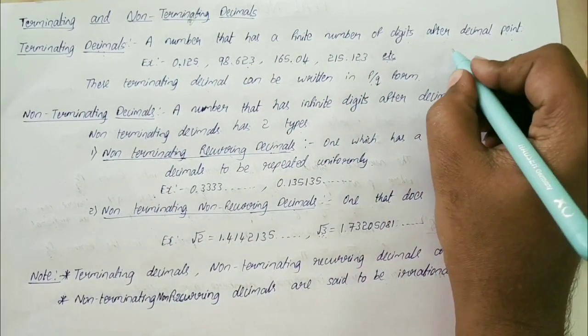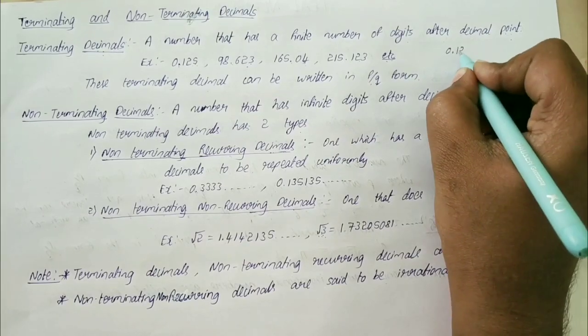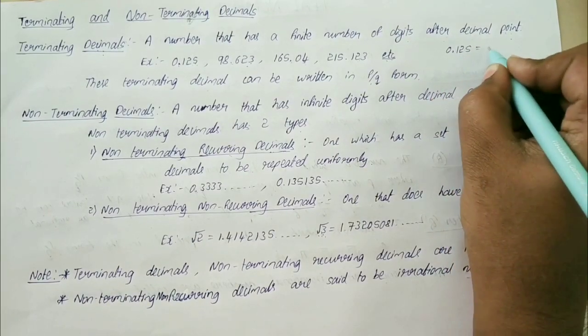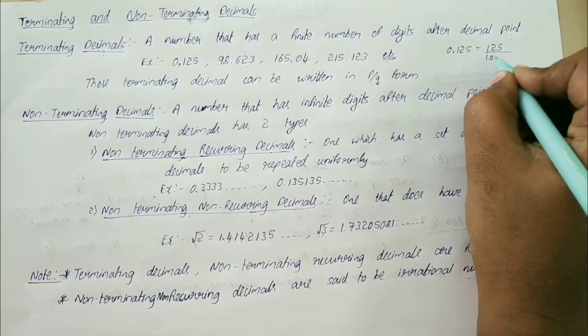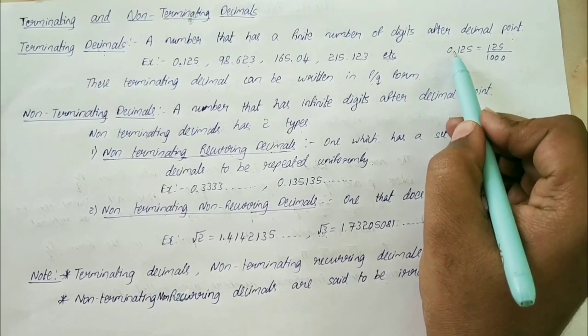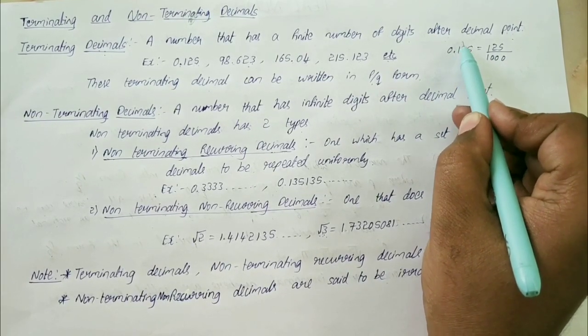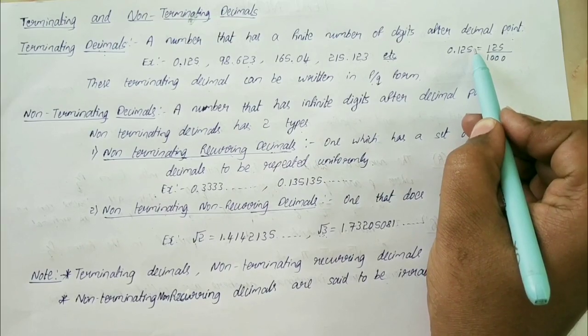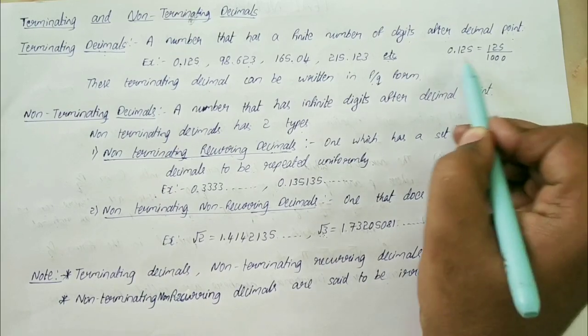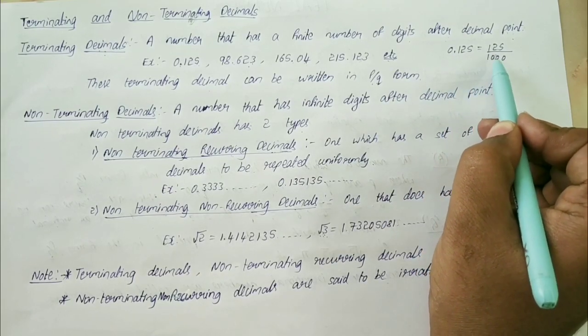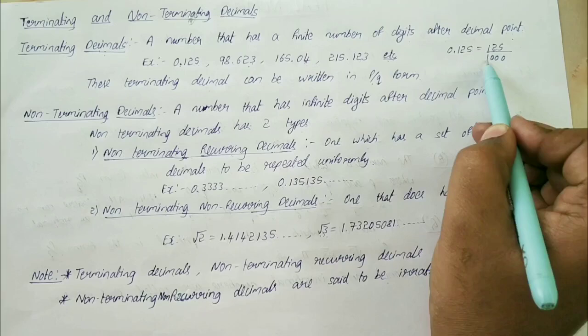How? See here, 0.125 is there. This can be written as 125 divided by 1000, right? After the decimal we have 3 digits, so we are shifting the digits. How many digits are we shifting? 3 digits. So in the denominator we will write 3 zeros. That means 0.125 can be written as 125 by 1000.